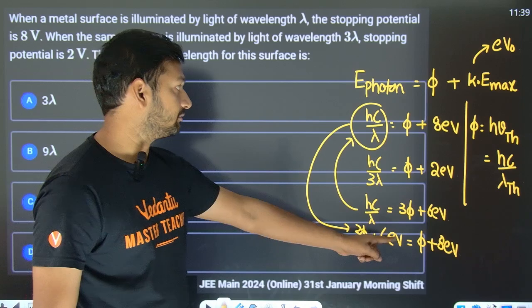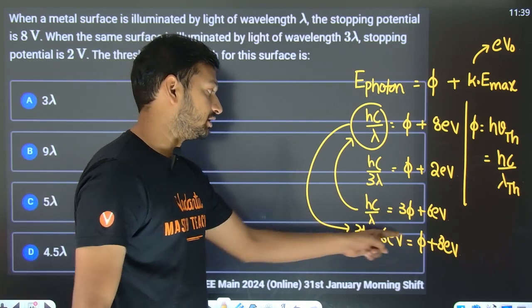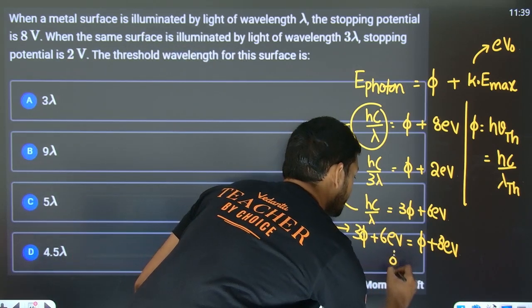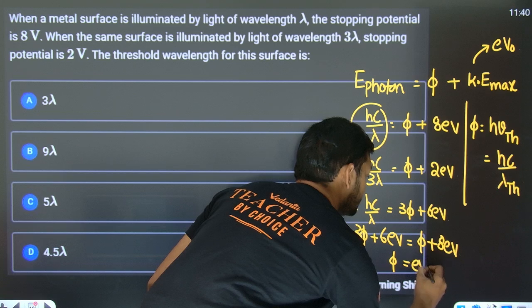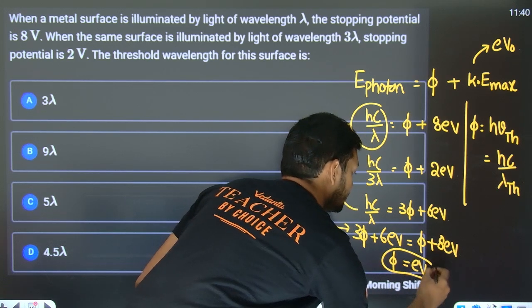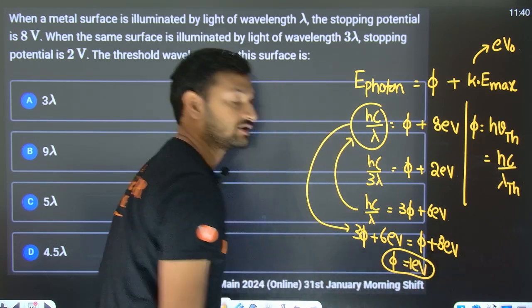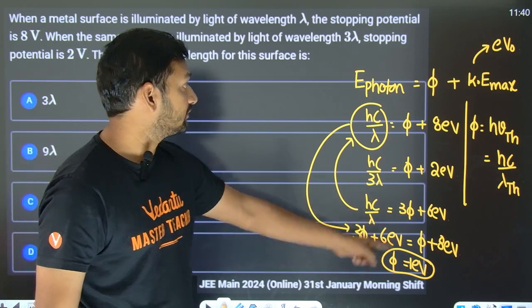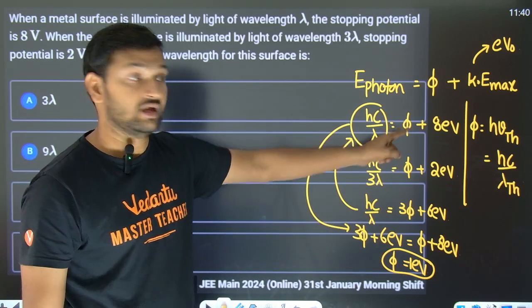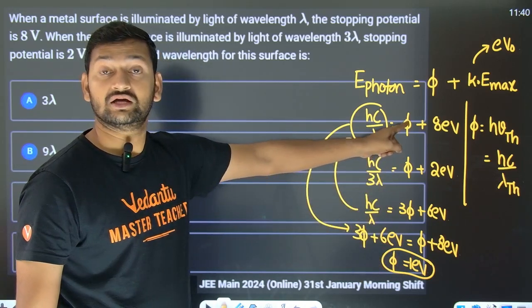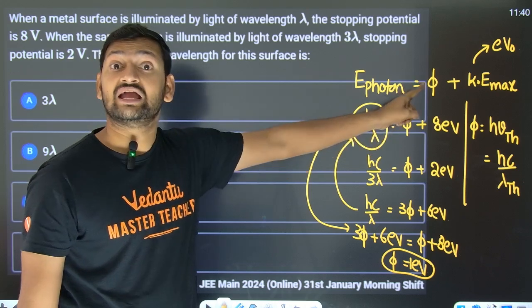Now you only tell me, what do you get the work function as? You get it as 1 eV, 1 electron volt. So you put that 1 electron volt over here. If you put that 1 electron volt over here, hc by lambda is equal to 9 electron volts.